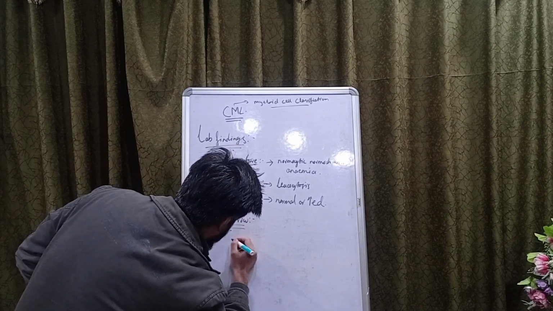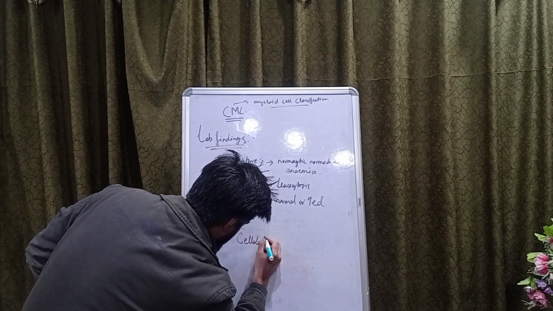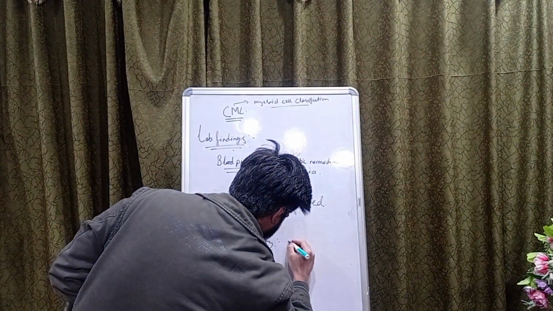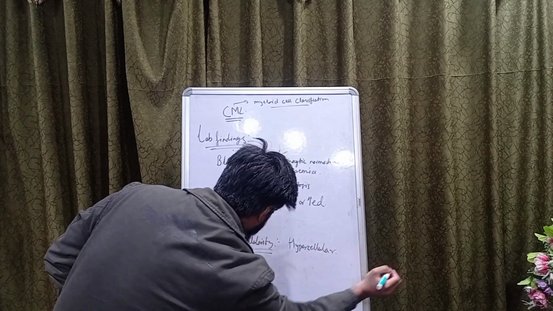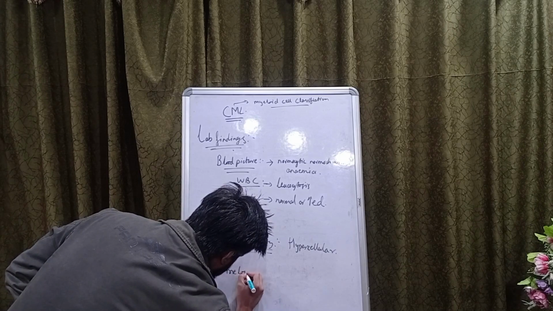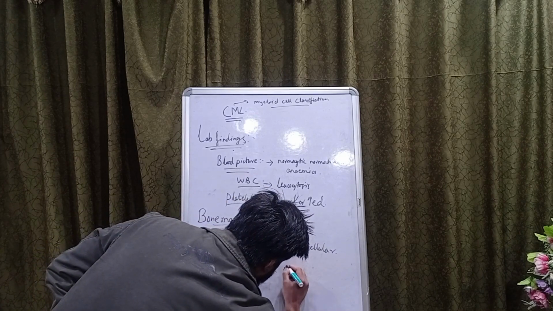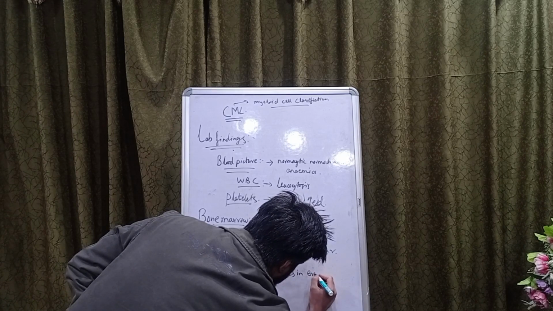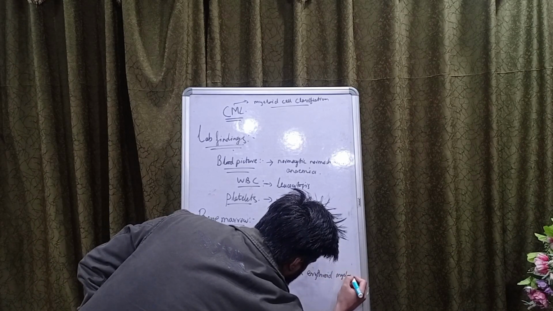Now we will see the bone marrow. First of all, we will see the cellularity. If we talk about the cellularity, it will be hypercellular. We will talk about the myeloid cells. There will be an increase in the erythroid myeloid ratio.